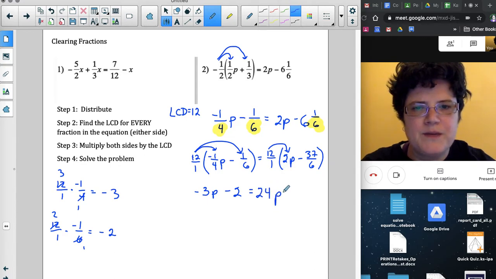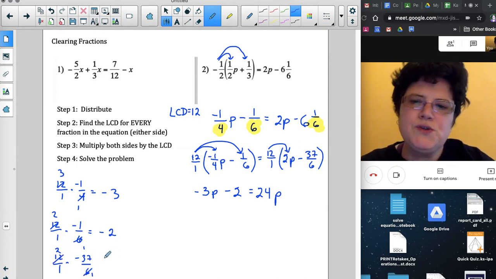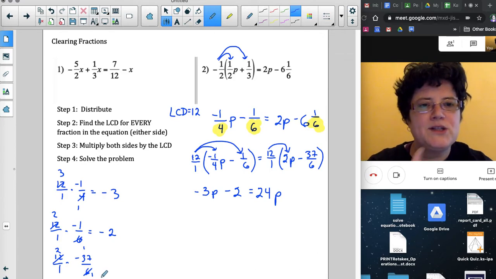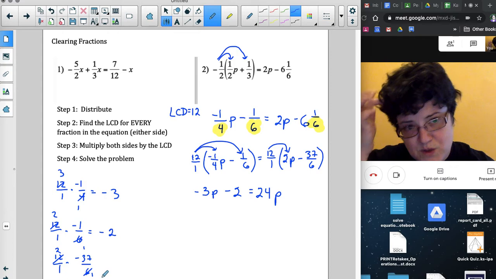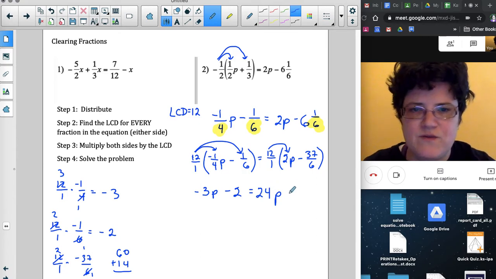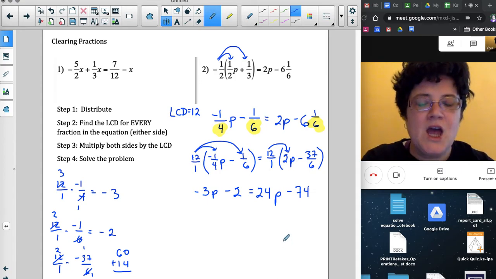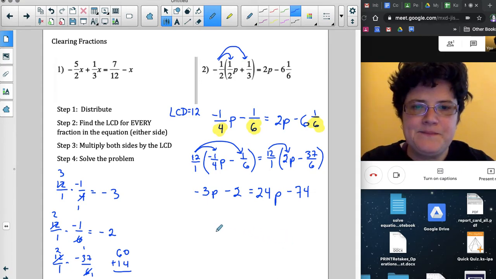That's 24p. And then this next one I'm going to write out too. So we've got 12 over 1 times negative 37 over 6. That cancels, that's 2. 2 times negative 37. Okay, 2 times 30 is 60, 2 times 7 is 14, 60 plus 14 looks like 74 to me. So negative 74.